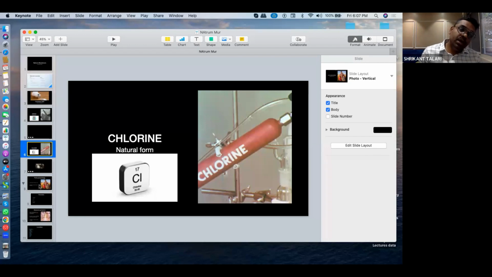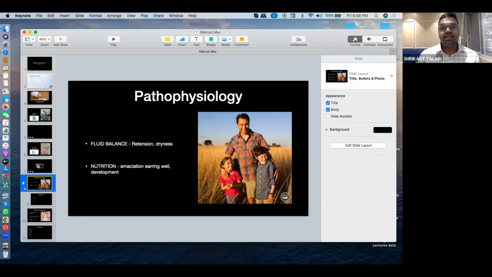Therefore, the two main things that you need to remember for sodium chloride are, first, fluid balance, which when disturbed causes either retention or dryness, and second, nutritional imbalance. So either the patient is lean, thin, emaciated, or the patient will be very obese. Are you getting this?